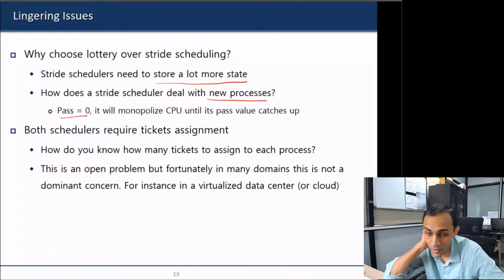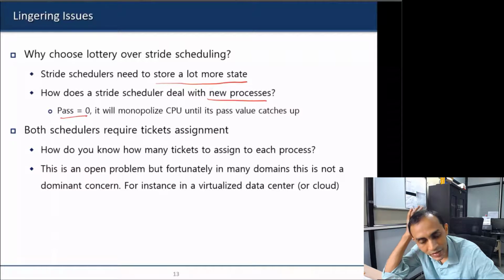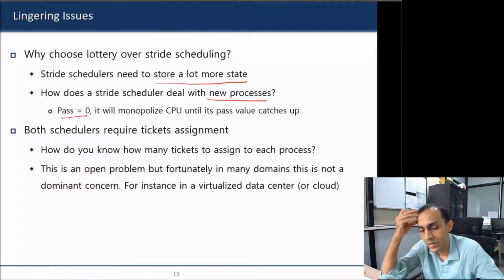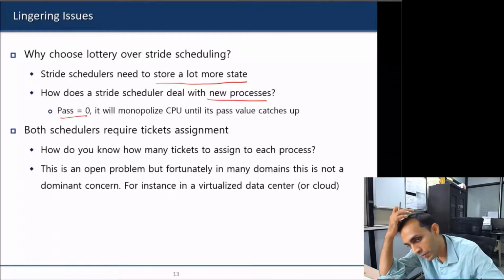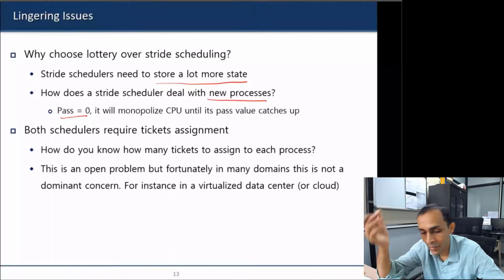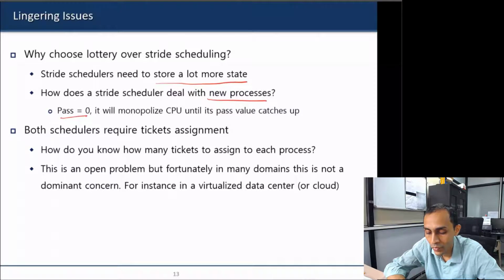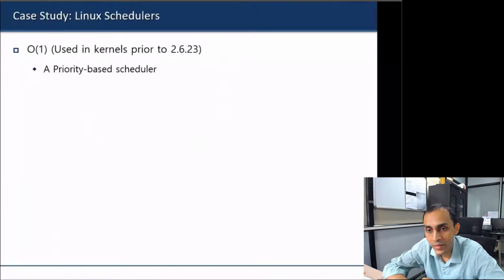That is one simpler criterion, and other kinds of things can be there. So for certain customized scenarios, this may not be a problem, but a general purpose solution to this ticket assignment is still an open problem which needs to be solved. We'll see how the Linux scheduler does this.